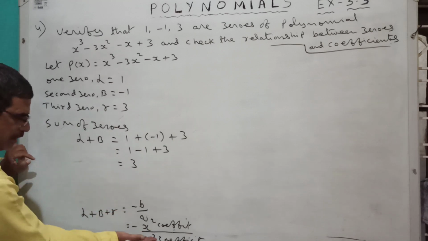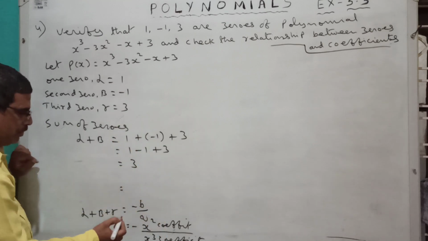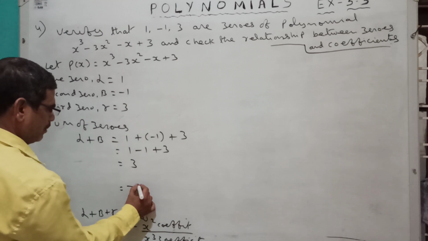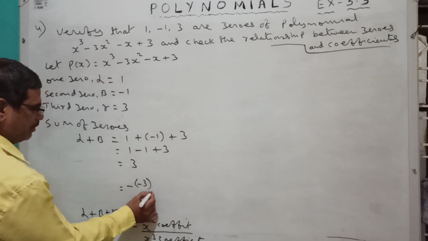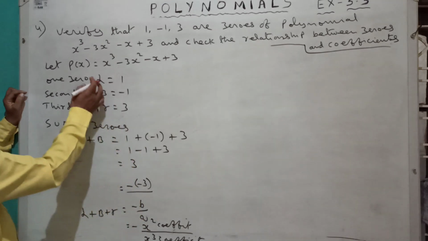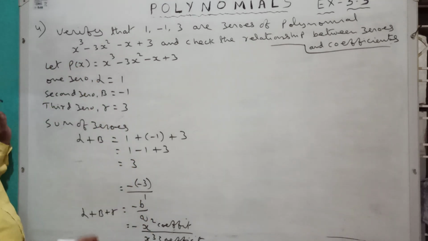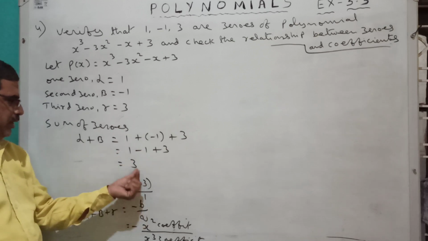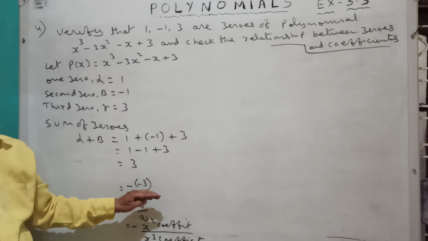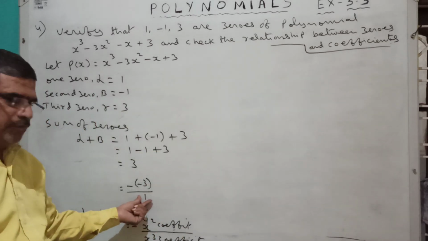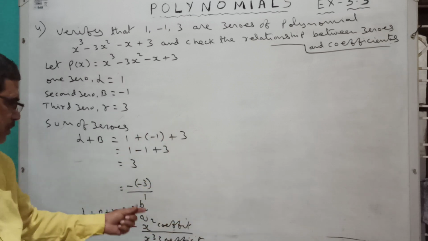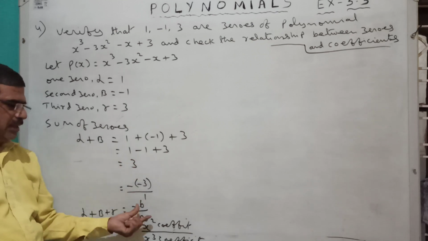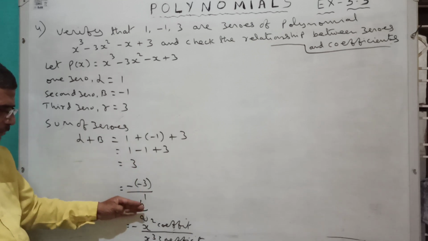So here minus, what is the value of b? B value is minus 3. Put a bracket, by a value 1. So minus into minus is plus 3. In the denominator, 1 means there is no value, because when divided by 1 the answer will not change. So simply I am putting 1. So minus into minus plus 3. So the answer is over.